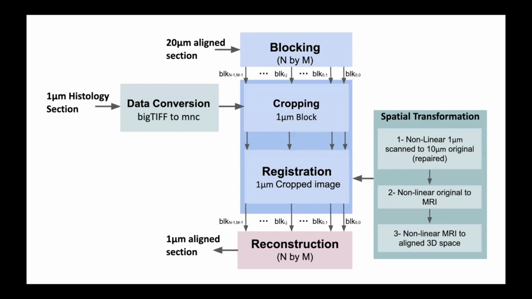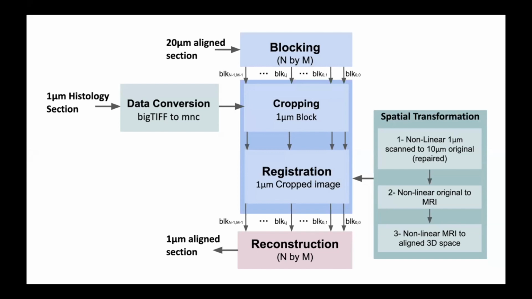The latter 2 transformations originate from the reconstruction of the 3D BigBrain 2015 release. Blocking, cropping, and registration: the aligned 20 micron image is divided into smaller 2D blocks, and an inverse of the global transformation is applied to the corner points of each output block to estimate the extents for cropping the block of the 1 micron unregistered section.